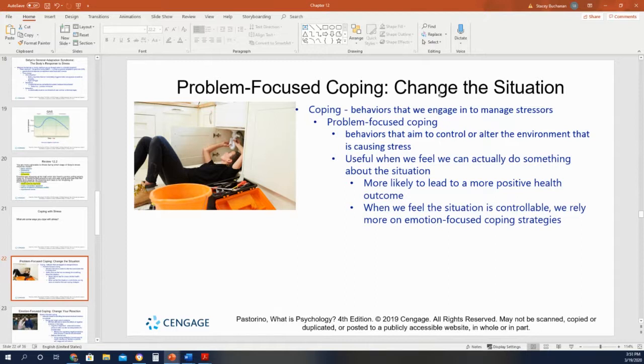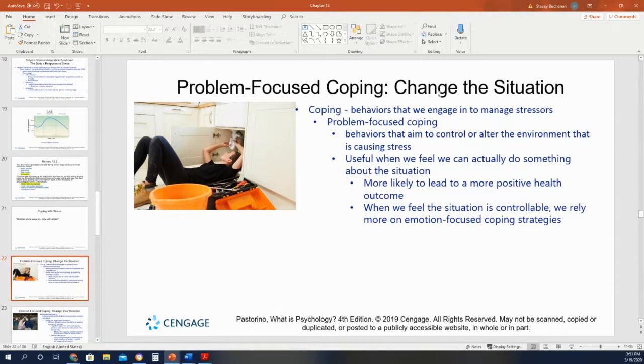So first, we're going to go through problem-focused coping, and then we're going to ease our way into emotion-focused coping. So let's go over problem-focused coping. Problem-focused coping is when you want to change or control the environment that is causing the stress. So let's go back to our section 2 example.